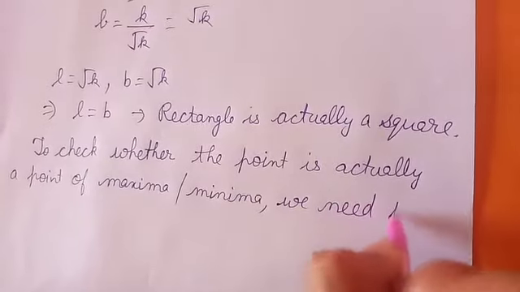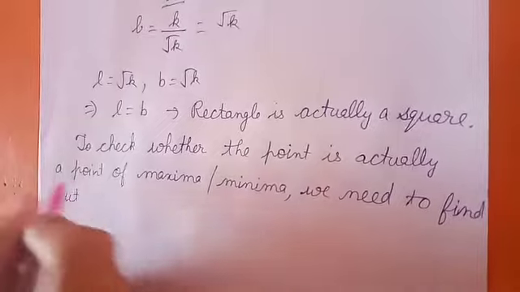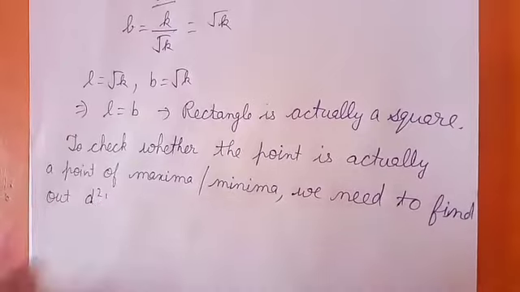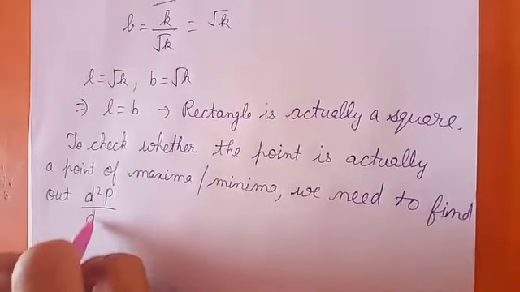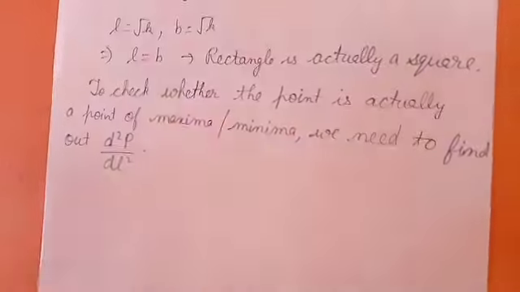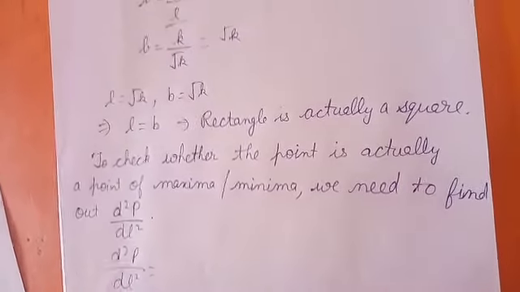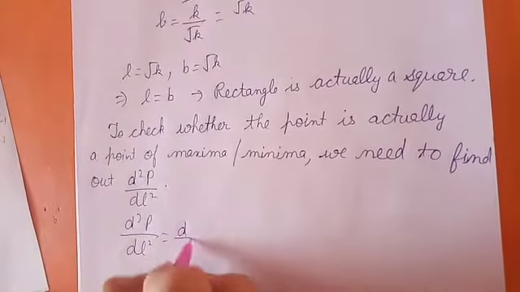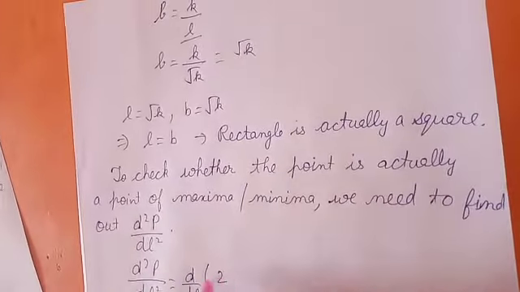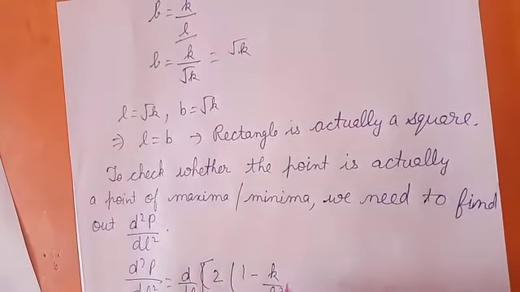We need to find out d square P by dL square, means second derivative, and our second derivative will be equal to d by dL of our first derivative, and our first derivative was 2 into 1 minus K by L square.